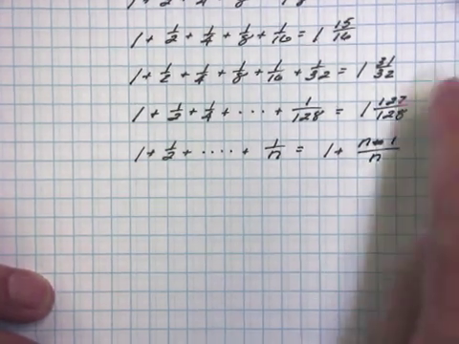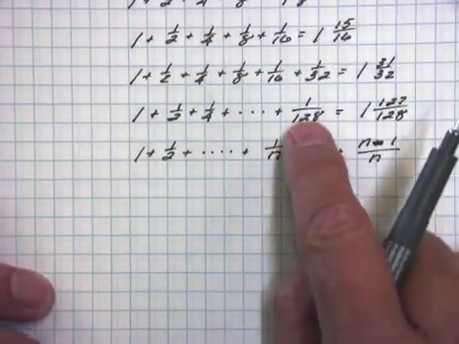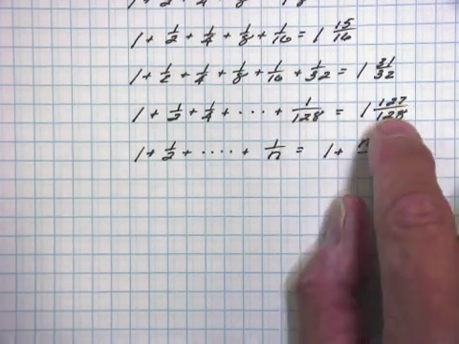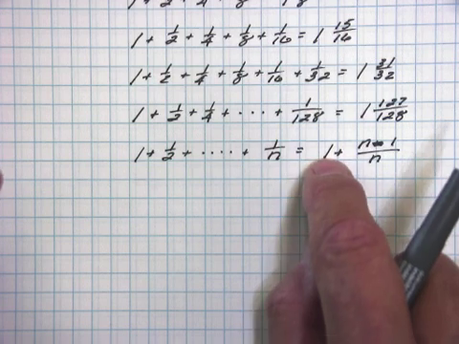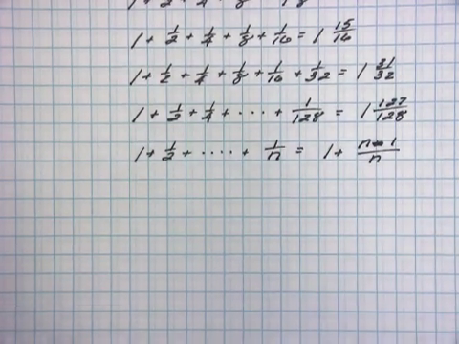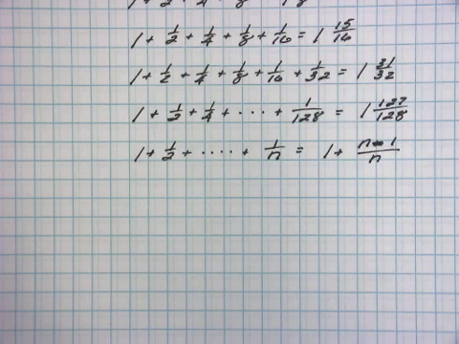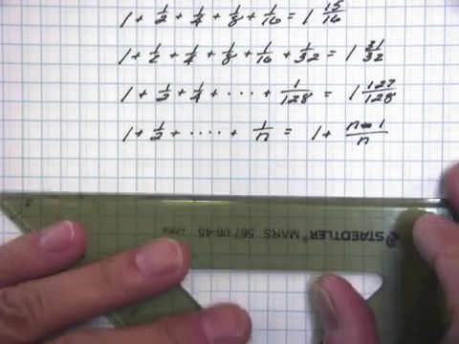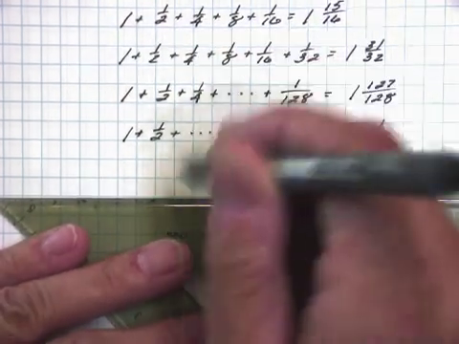In this line, n would have been 16, and so on up the line. And the pattern I saw is that the answer is always going to be 1 plus n minus 1 over n. And that's what I'm getting. See, 1 less than 128 is 127, so it's 127 over 128 plus the 1.